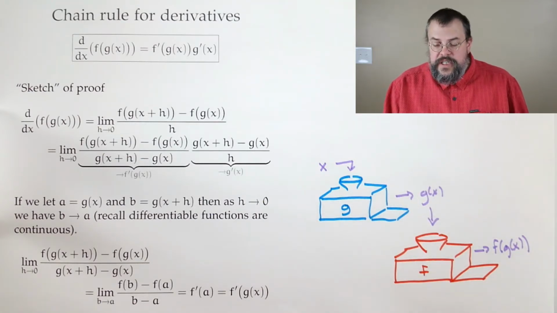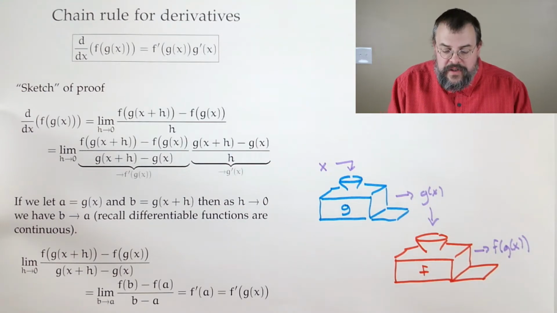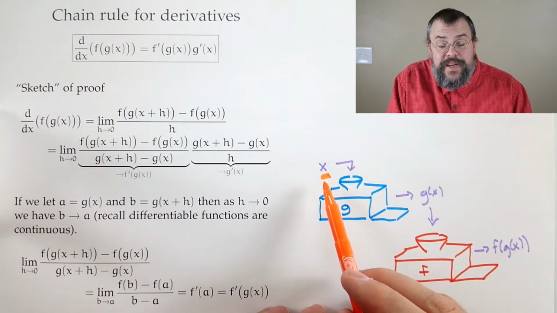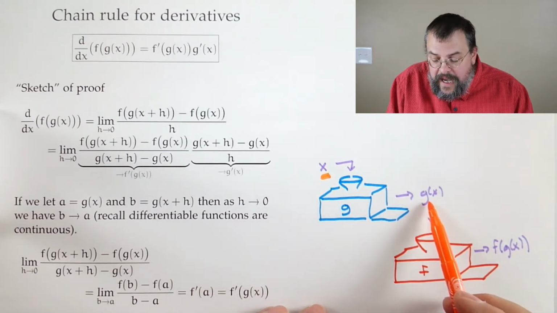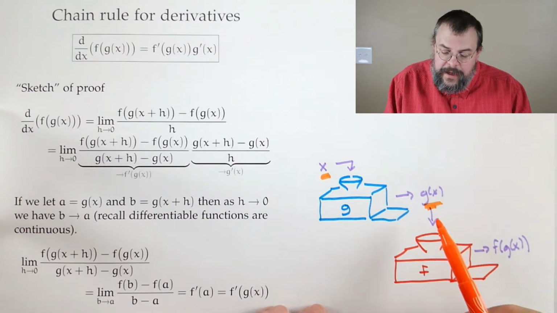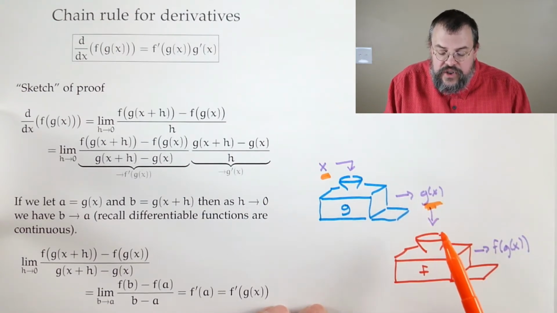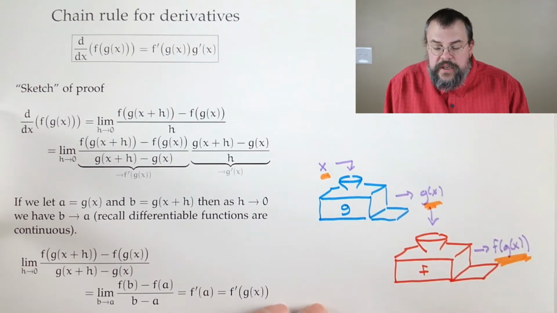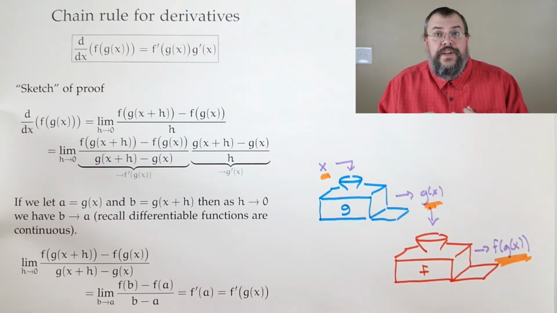And now the question is, well, what happens if I perturb x? So if I change x a little bit, well, that will cause the output g of x to change a little bit. But now what's going to happen is g of x, that has changed in that value, and so that's going to cause the output here to also change even more in some sense.